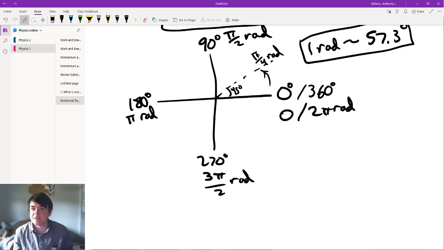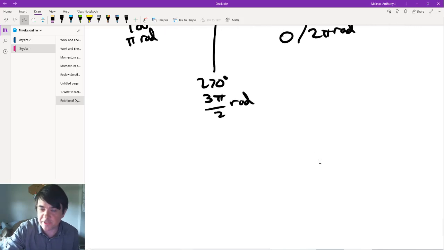Because again, radians are the SI unit. Use radians for a lot of stuff in rotation. It's good to get familiar with it. This is also why when we were doing problems the whole time before this, your calculator was in radians and not in degrees. It was using this method of measuring, okay? We're discussing rotation.